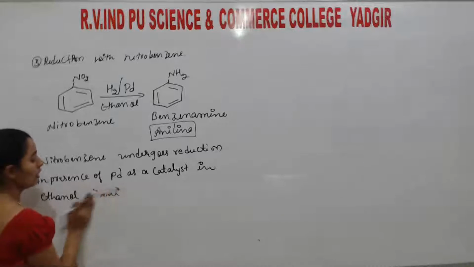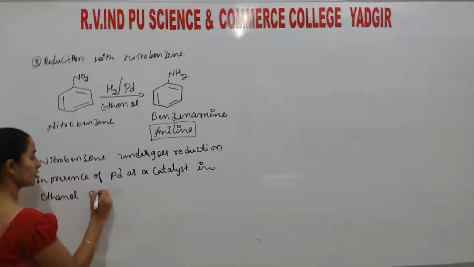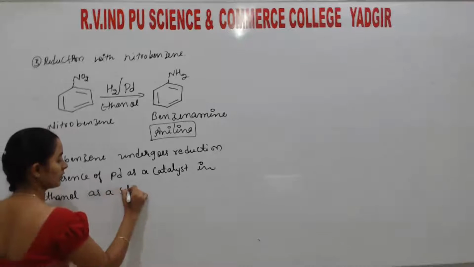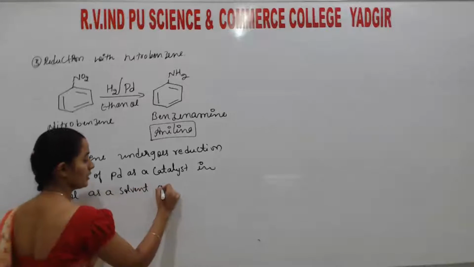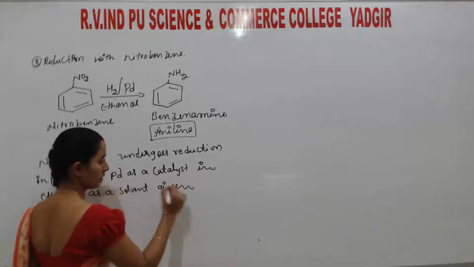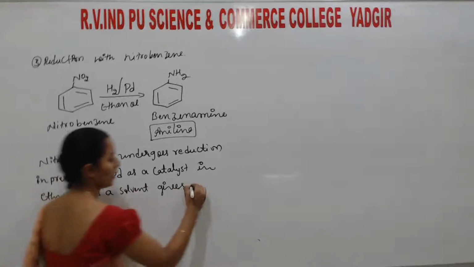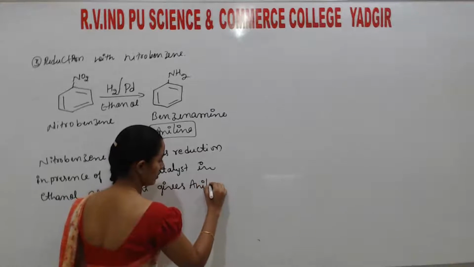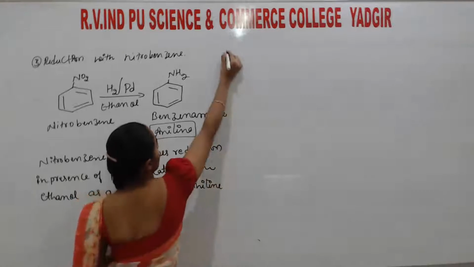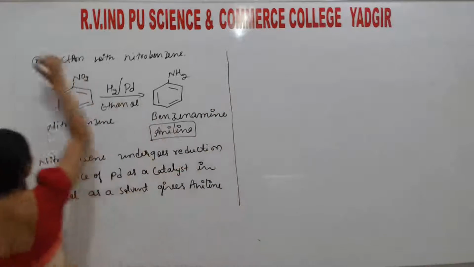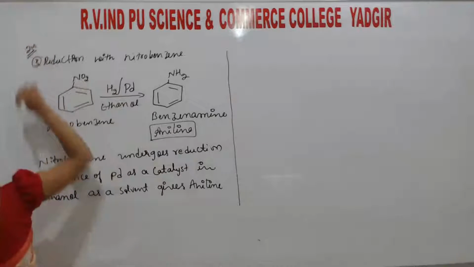I will take ethanol as a solvent. It gives aniline. This is one reaction important for 2 marks.